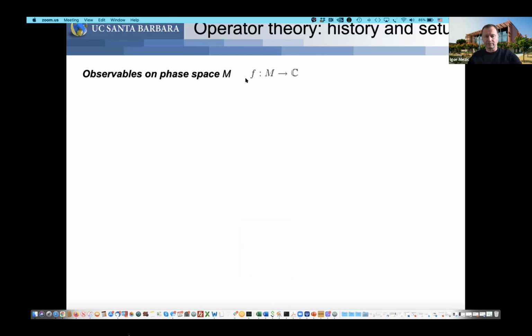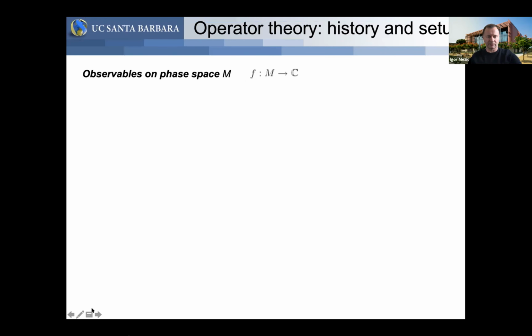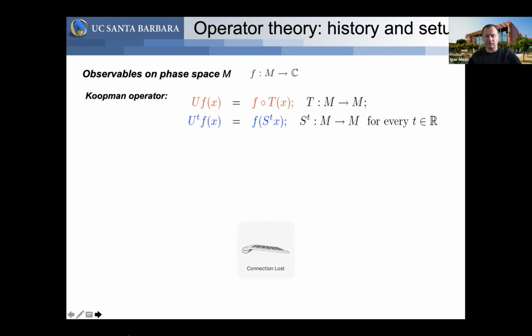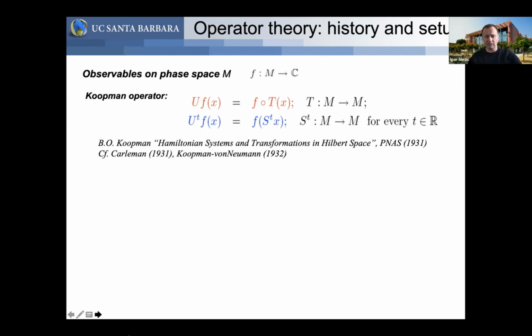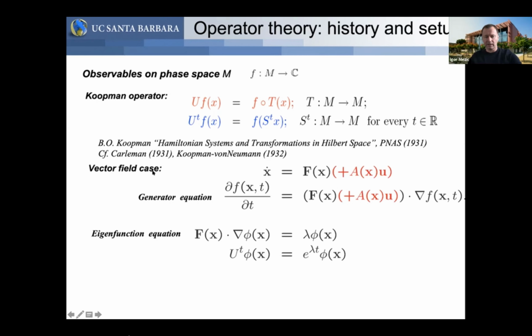So recall, we have observables on the state space. This is the classical context. The Koopman operator is the composition operator with either a map or a flow. These are the original references. And then in the familiar vector field case, we have x dot equal to f of x plus possibly some control driven by u. And the generator equation is this.